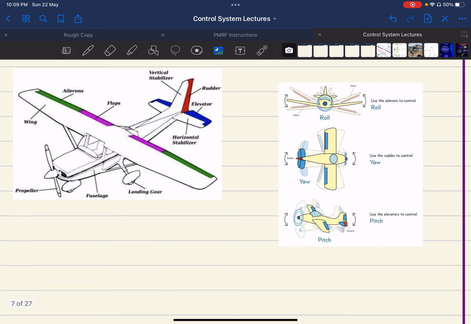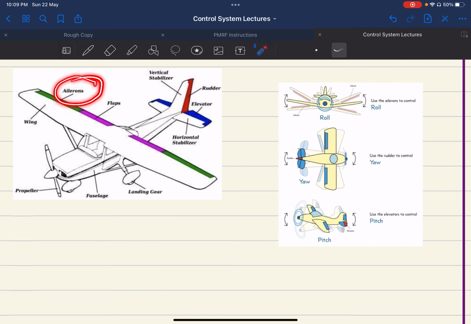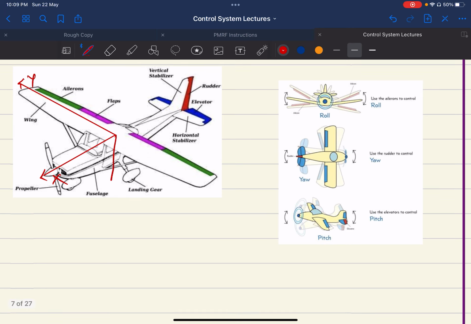So what does aileron do? Aileron is the control surface used in the roll. Suppose this is the x axis, this is the y axis, and according to the convention downward will be the z axis.